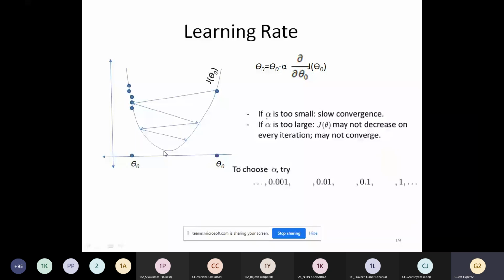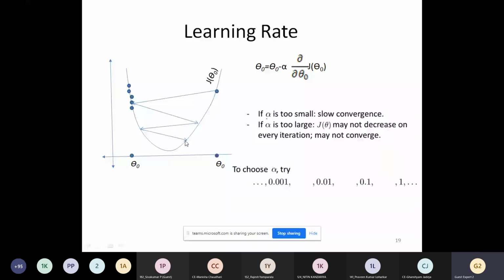And if the learning rate is very large, then it takes large steps, meaning it may be possible that from here you reach here, from here in the next iteration you reach here, and so on. So if alpha is very large, it may be possible that after some iterations you never reach the local minimum.